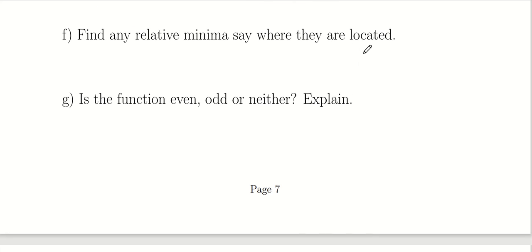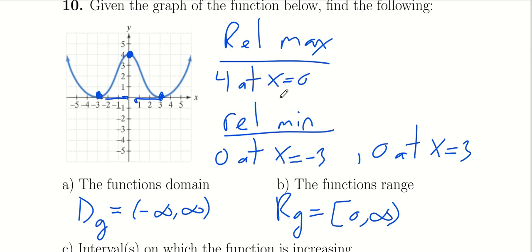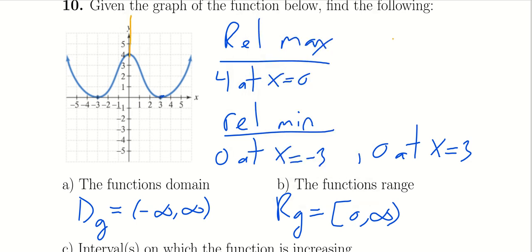Part G asks, is the function even, odd, or neither? And this one is actually going to be an even function, and the explanation is because it has y-axis symmetry. If we go back up to the top, imagine drawing a line on the y-axis, and imagine this was a piece of paper, and you were to crease the paper along the y-axis and fold it.